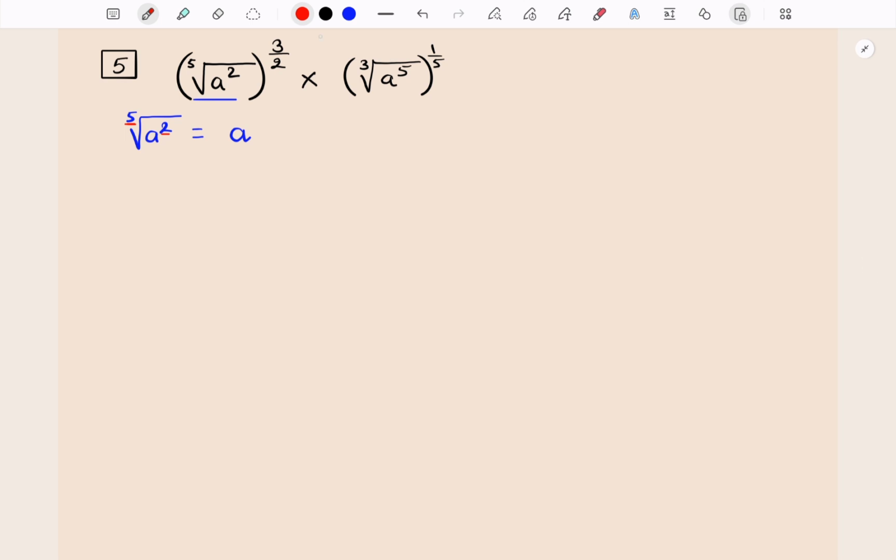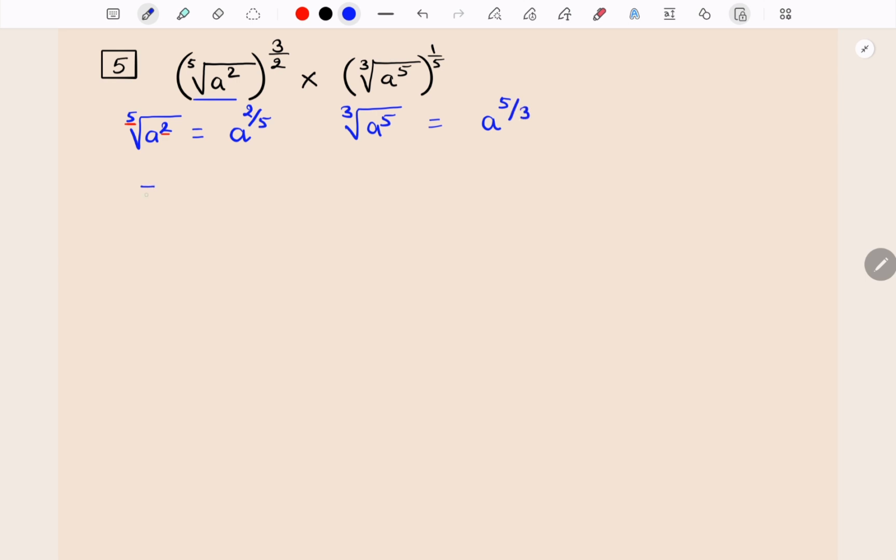So it would be a raised to the power of 2 over 5. In the similar way, this cube root of a raised to the power 5 would be a raised to the power of 5 over 3.